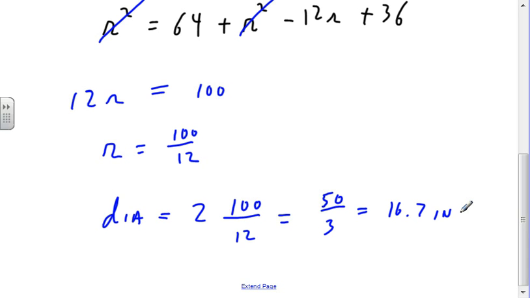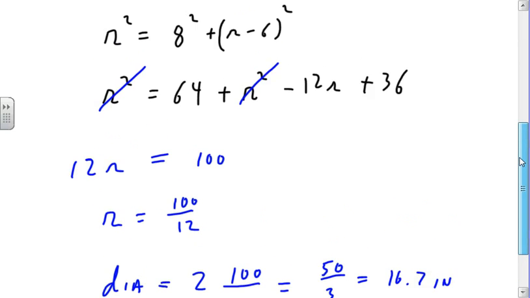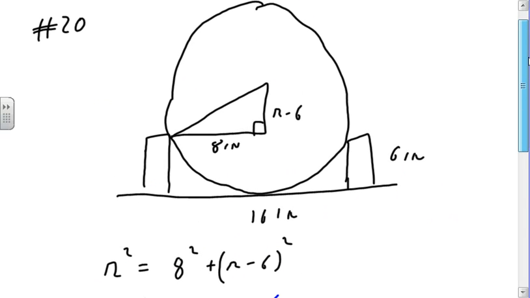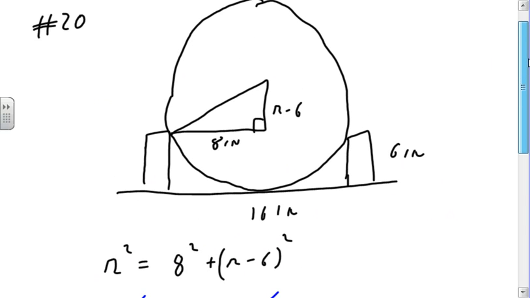So it's interesting that you can make your calculator do what my calculator does, but that still begs the issue of whether or not we set up the problem right. And is it reasonable that it should be 16.7 inches when this is 16? And I would say, yeah, that's probably reasonable.